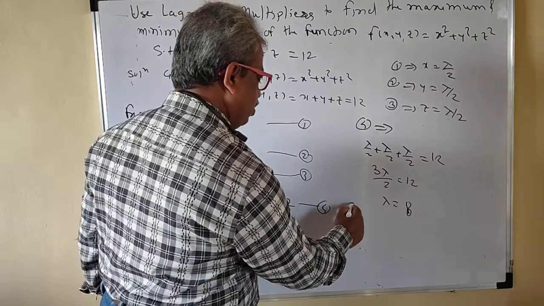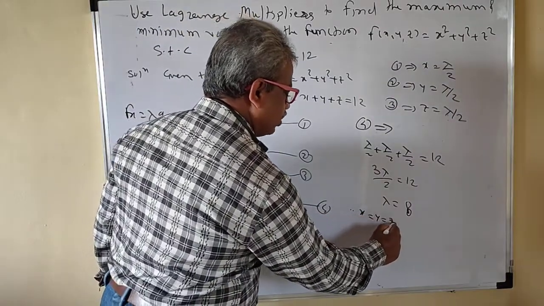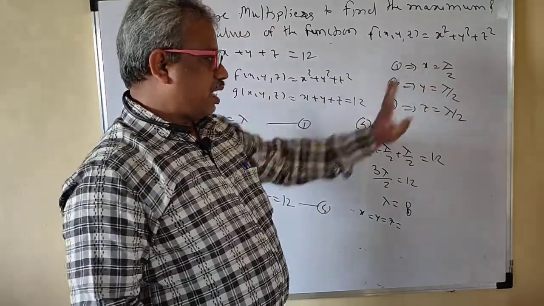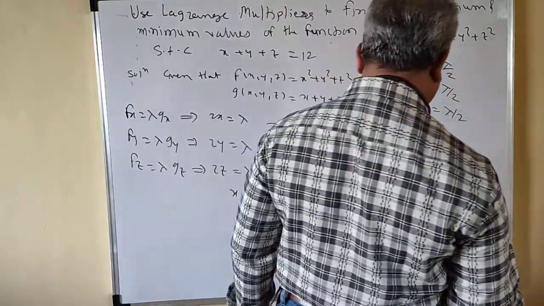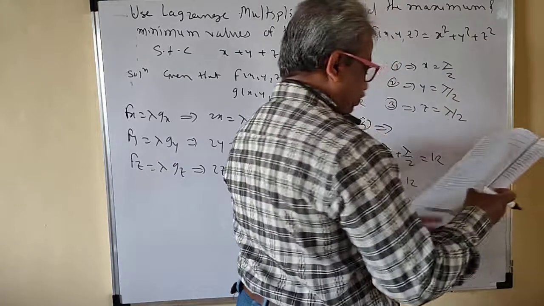So therefore x is equal to y is equal to z, because x, y, z are lambda by 2. So this is 4. This is 4.